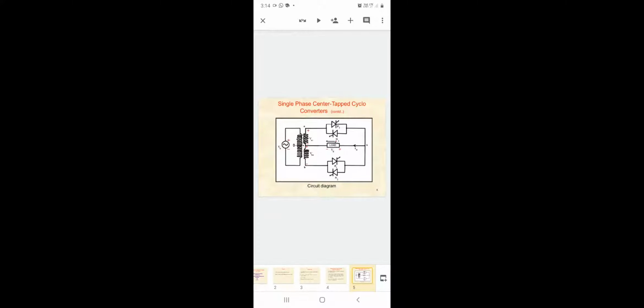Parallelly connected thyristors are P1 and N1, and P2 and N2. P1 and P2 are called the positive group, and N1 and N2 are called the negative group.